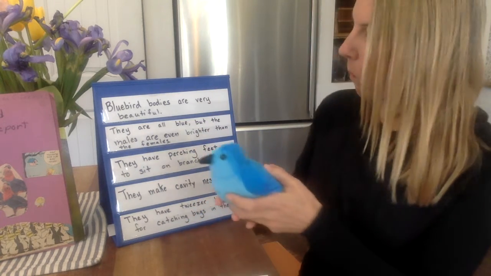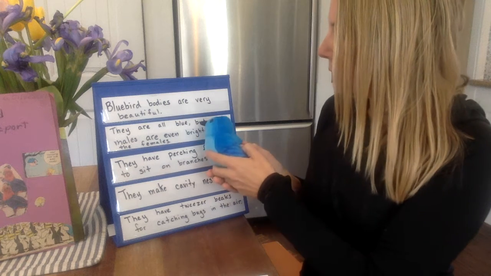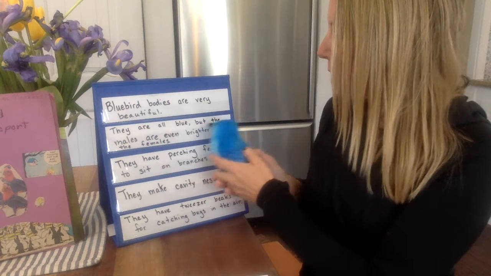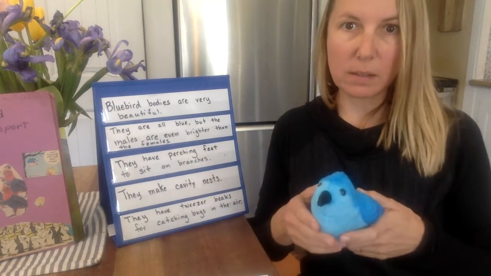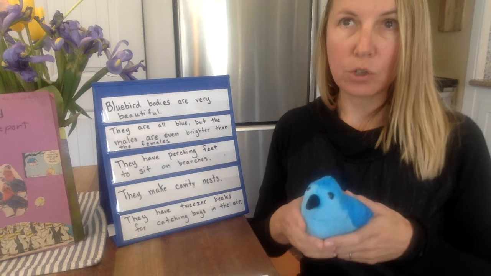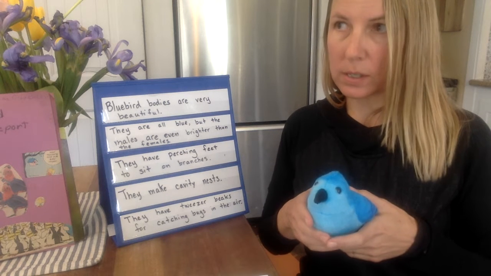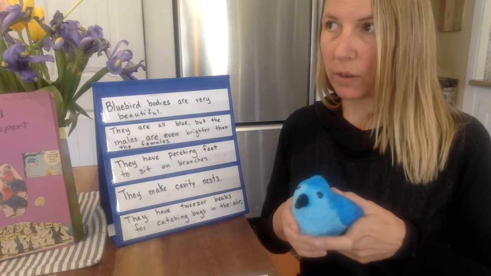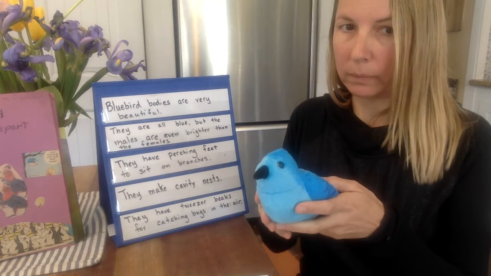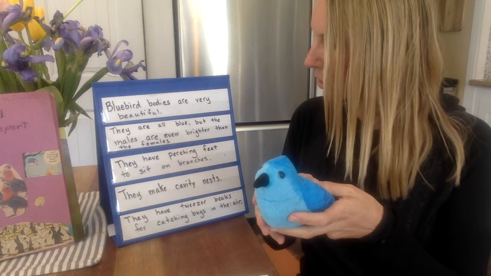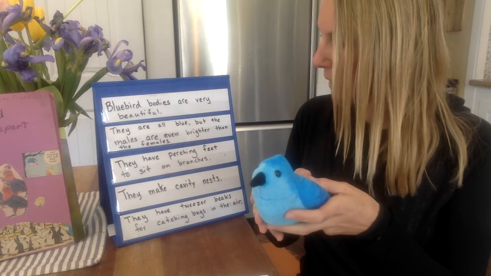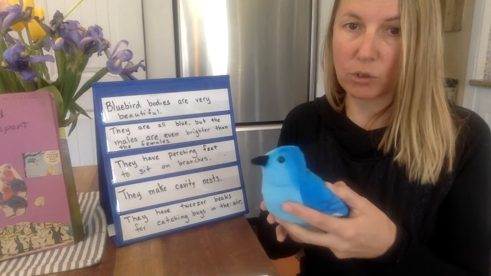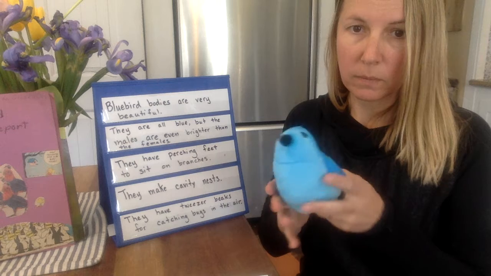You probably do too. They are all blue, but the males are even brighter than the females. So that describes the color of their feathers. That is a structure on their bodies. Yes, that gives a description or some information about the body because it described the color. Okay.